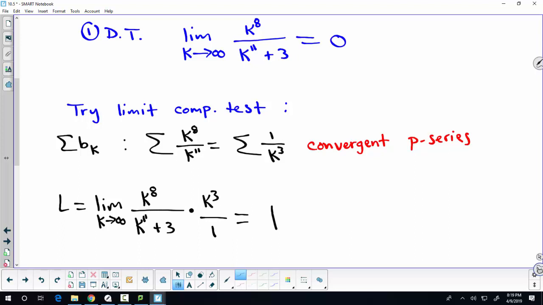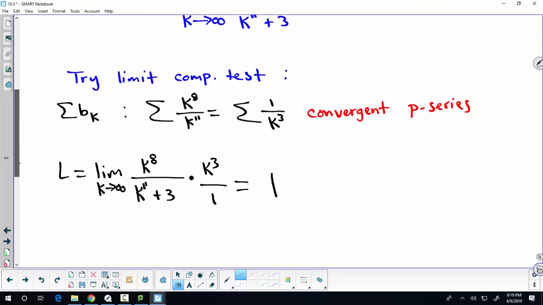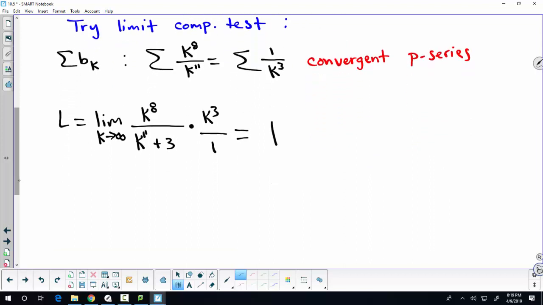So our limit comes out to be 1, which means what's true about our given series? It converges. Finite limit that's non-zero, both series do the same thing. So the given series, k to the 8th over k to the 11th plus 3 converges as well.